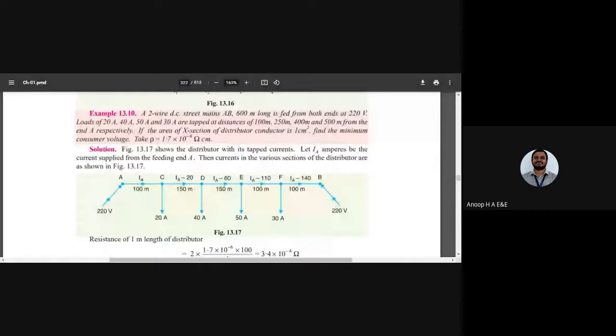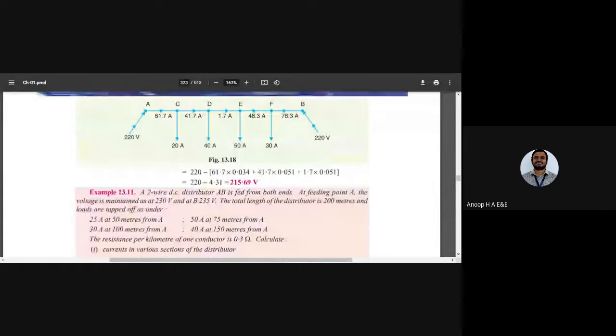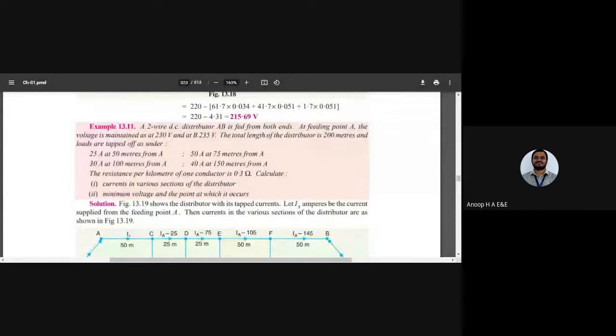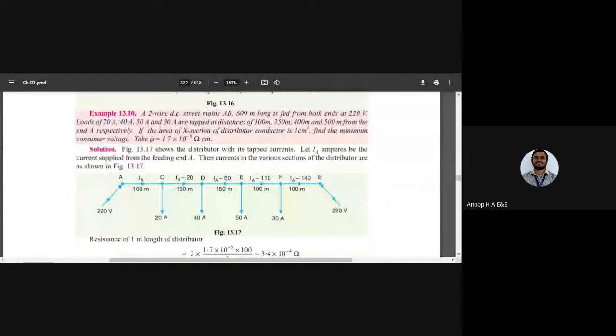One is the equal voltages, and the next one is the unequal one. So let's start. The first problem goes like this: a two-wire DC street mains that supplies a DC distributor.